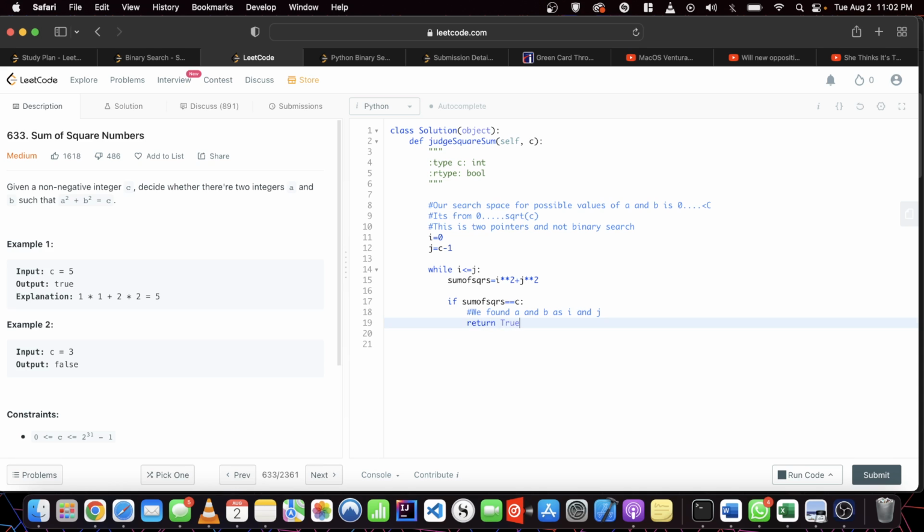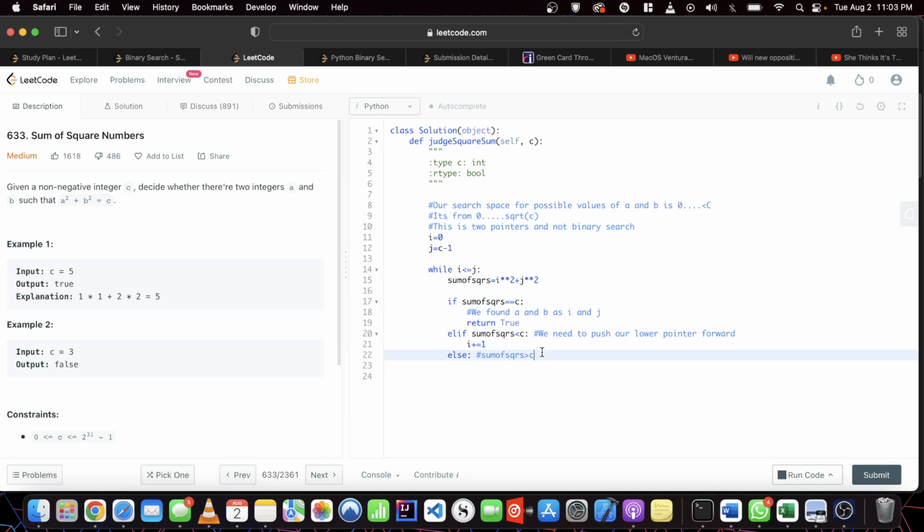So we return true. If the sum of squares is less than c, then we need to push our lower pointer forward, i plus equals 1. Since we're just moving by one position and not cutting off large chunks, it's not binary search. Else, our sum of squares is greater than c, and here we don't care about the equals because we've already dealt with it.